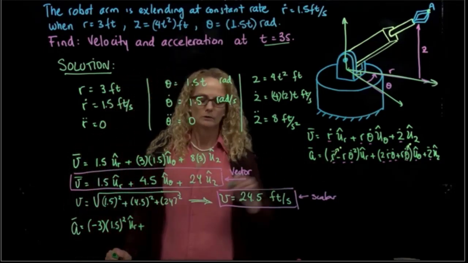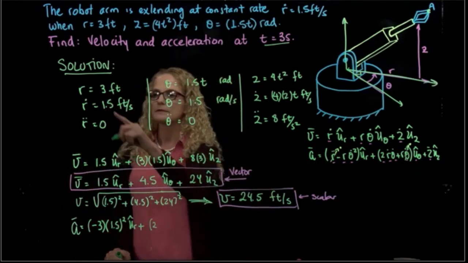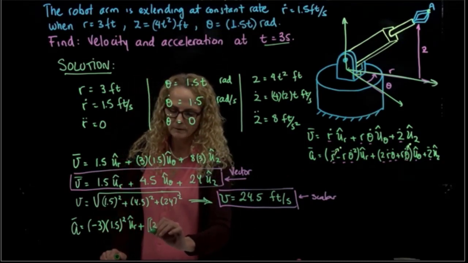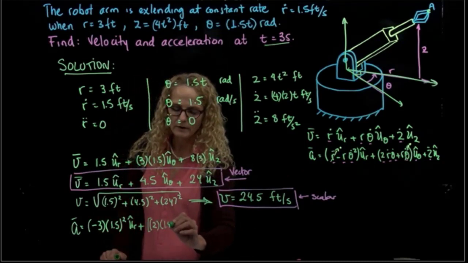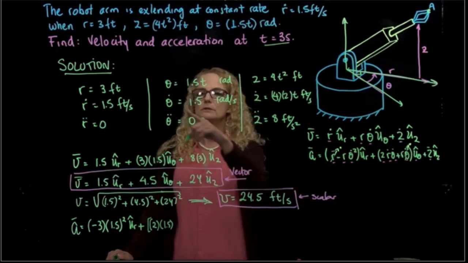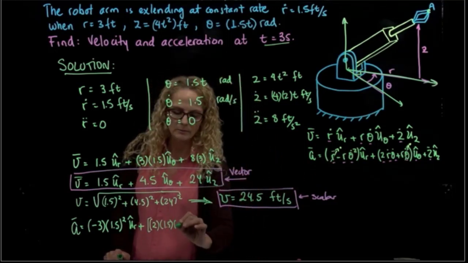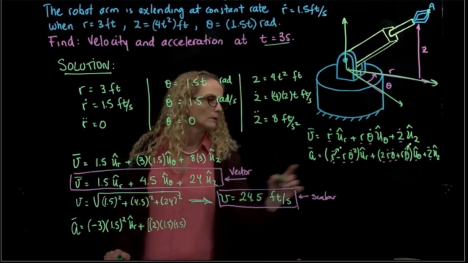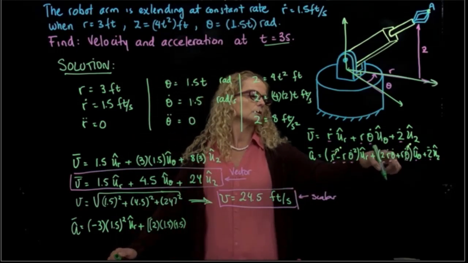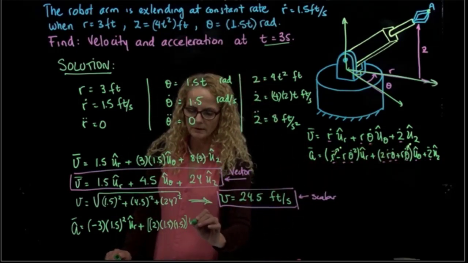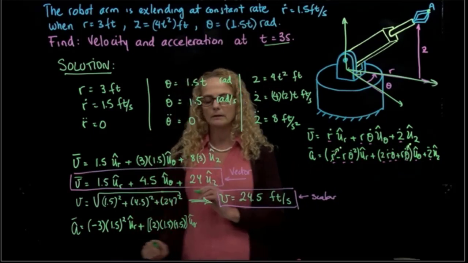Then we have 2 times r dot, which is 1.5, times theta dot, which is 0.5, and the other term is 0, in the theta direction.